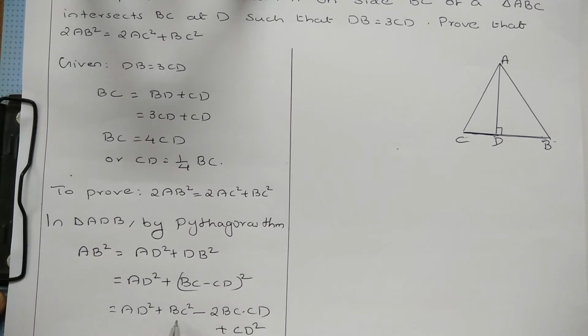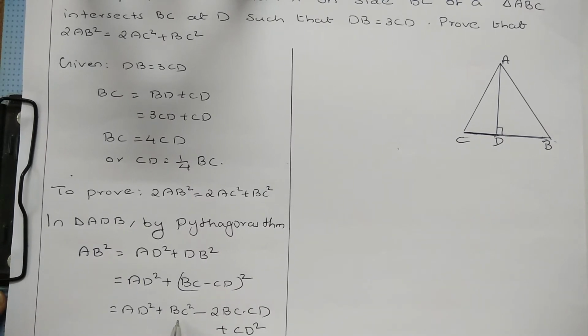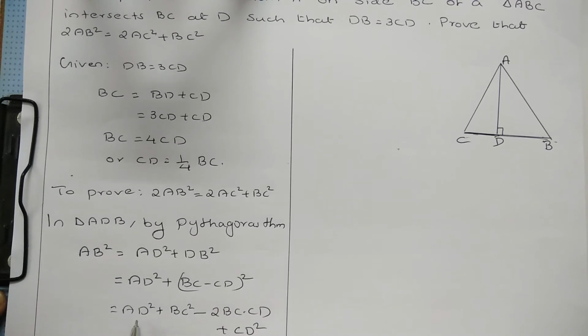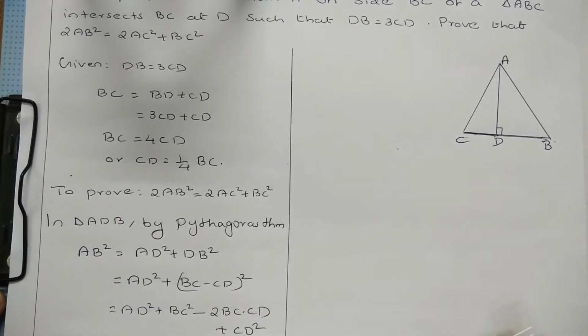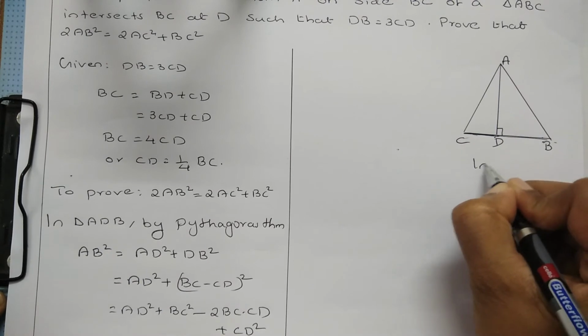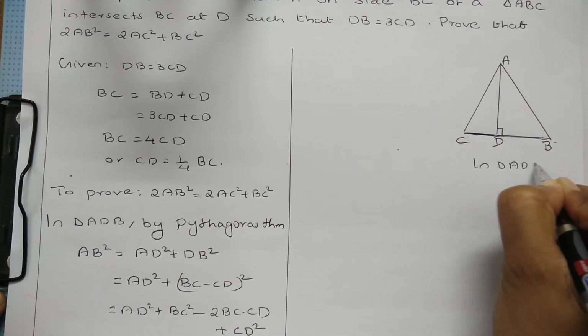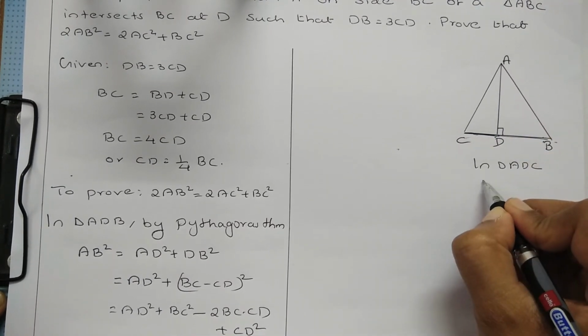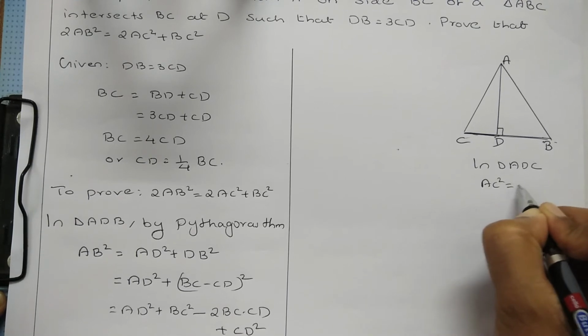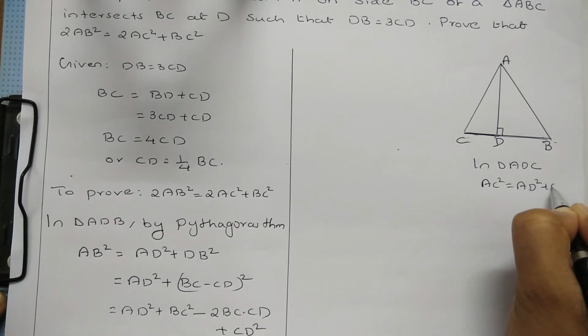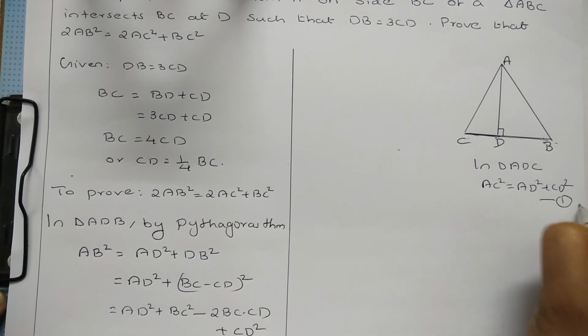Here you see the triangle ADC: if you apply Pythagoras theorem, AC square is equal to AD square plus CD square. Put that as equation number 1.